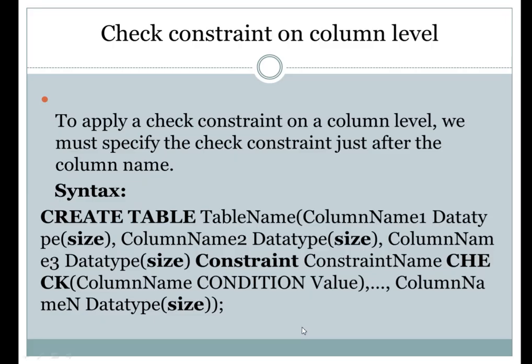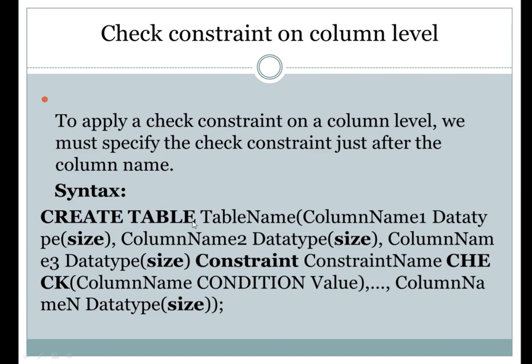Now, check constraint at the column level. To apply a check constraint at the column level, we must specify the check constraint just after the column name, and here is the syntax. Create table, this is check constraint applied in a create table.